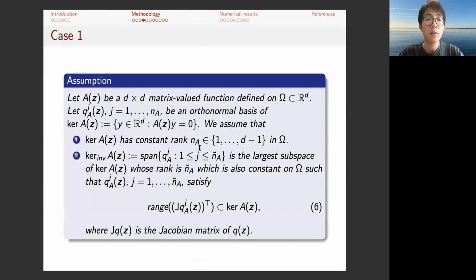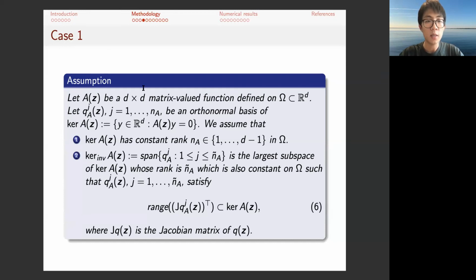And so in case 1, we first put some modeling assumption in general, and we will later show that this assumption holds in all of our test cases. And these are not very strong assumptions in general.